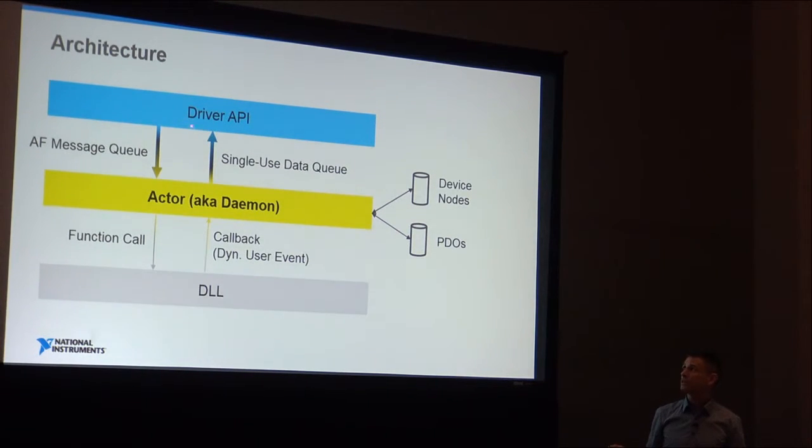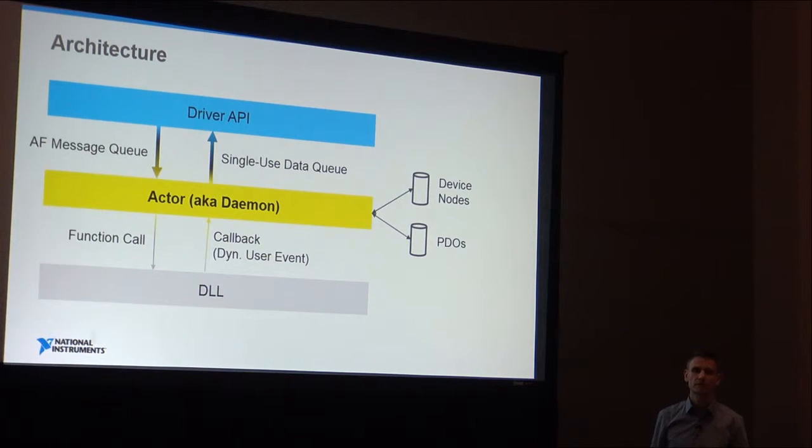The driver API is communicating with the daemon with an Actor Framework message queue, and the data being delivered back from the daemon to the driver API, I use single-use data queues for that. So basically, this sends a message, give me that SDO, this is the queue I'm listening to, and this one's giving it back.